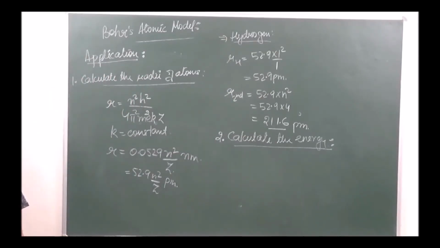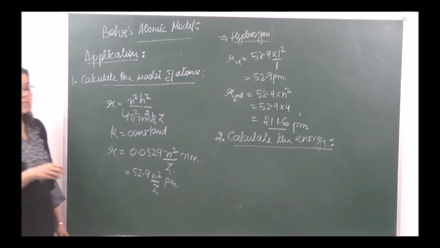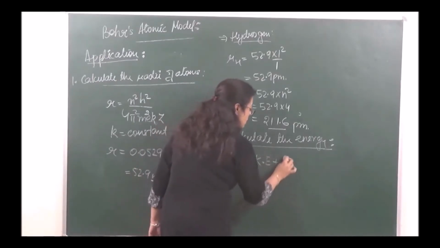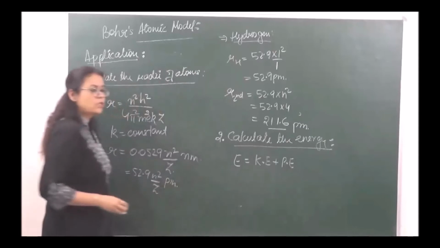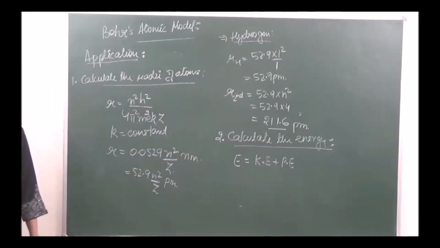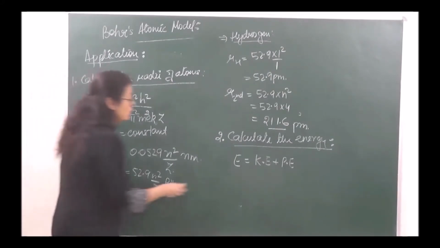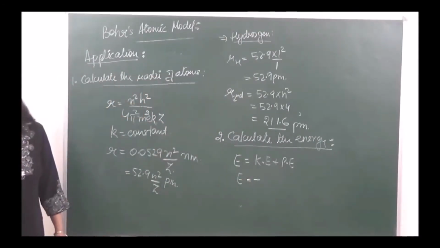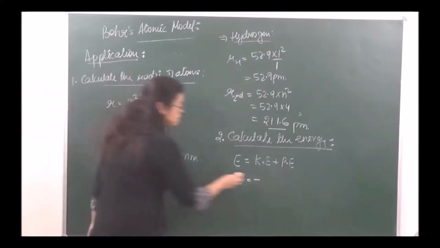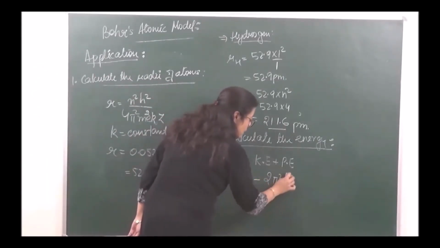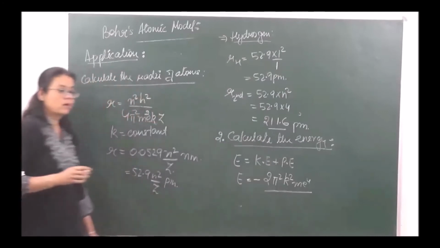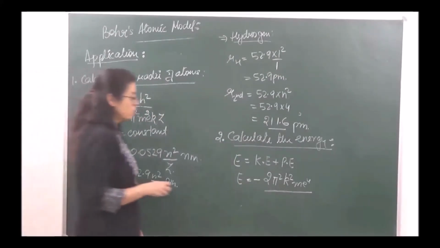So when he calculated in a similar manner, the energy, which is the sum total of kinetic energy and potential energy, by putting the values of both, came out to be minus 2 pi square k square m e raised to power 4 upon n square into h square.